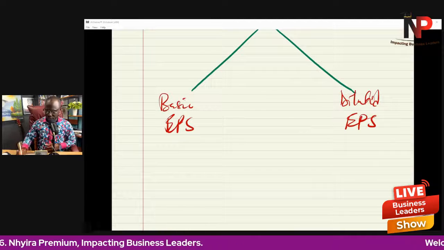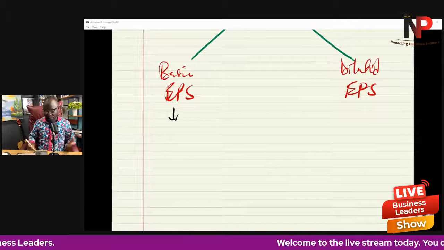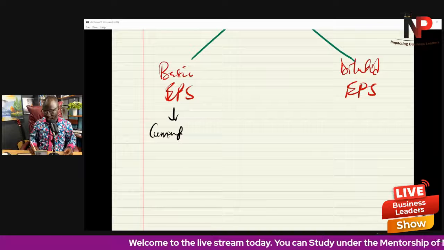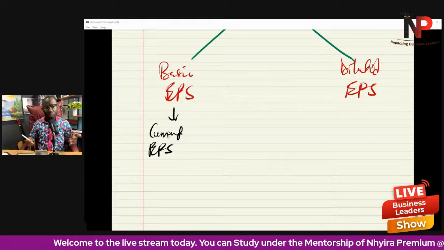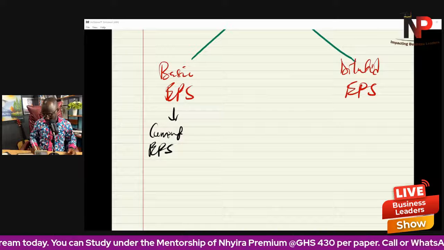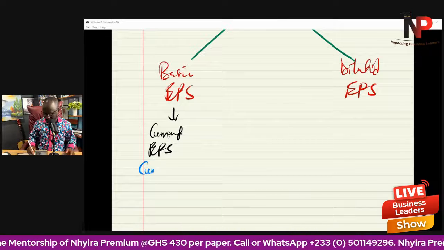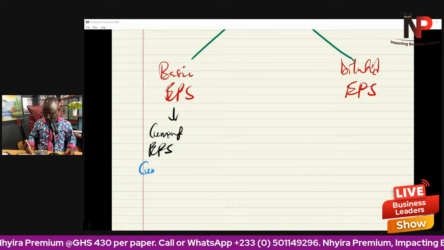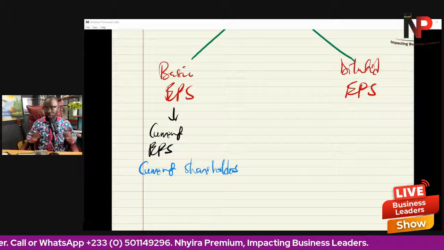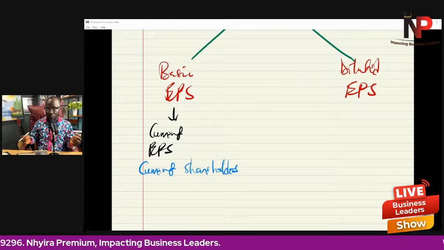When we talk about the basic earnings per share, what I want you to think of is the current earnings per share of the company, based on current shareholders. So how much are shareholders going to be receiving right now, in today's terms? So basic earnings per share is based on the current shareholding position of the entity.